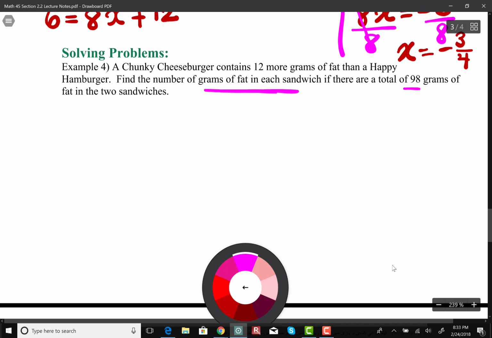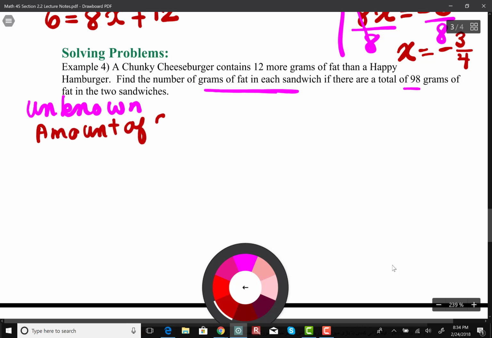So with this kind of problem, you have to find out what is given, what is unknown. So unknown, and the unknown is usually what they're asking you to find, which is the amount of fat in each kind. So let's write it down. Amount of fat, and it's in grams, of course, grams.